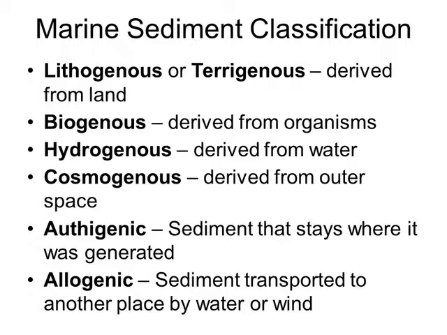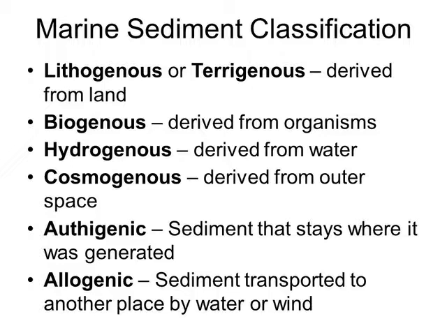But 2 types of movement for these sediments are autogenic and allogenic. So autogenic sediment stays where it was generated. So let's just say in biogenous, you had a bunch of plankton up at the surface, and they were doing their thing, photosynthesizing, and then they came to their life's end and they died.